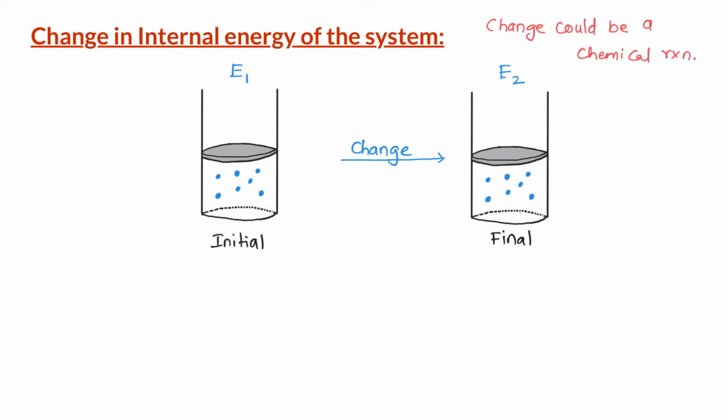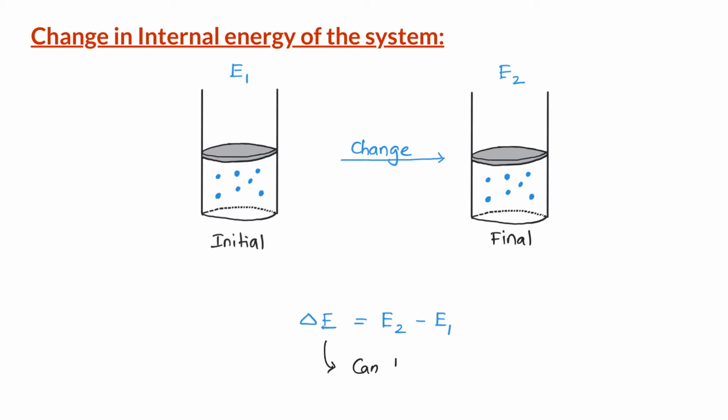What we are interested in is the change in internal energy represented by delta E. The delta E of the system is equal to the internal energy at the final state E2 minus the internal energy at the initial state E1. The change in the internal energy of a system can be measured, unlike the absolute value of the internal energy.